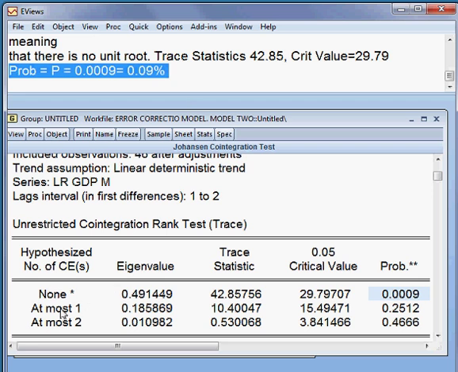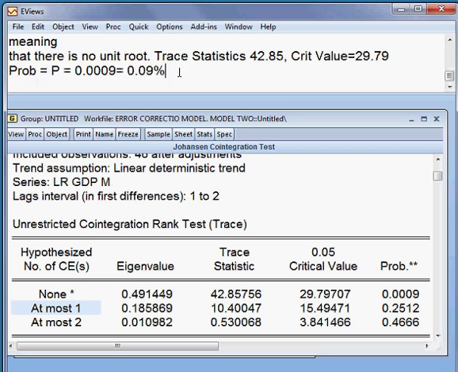Our second null hypothesis is at most one. That means there is cointegration among the three variables such as LR, GDP, and M. In other words, there is one cointegrated model, meaning there is one co-integrated equation. So that is the null hypothesis, and that is this one.